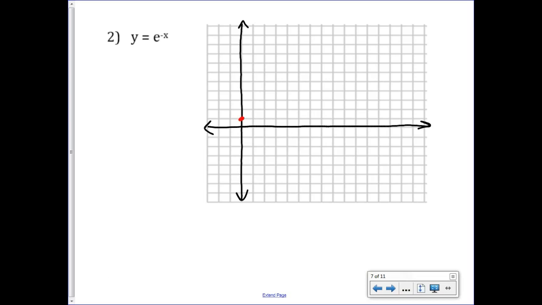So I'm at 0, 1, and then when I plug in e to the negative 1, because I want to plug in 1 for my point, I get about 0.37, so 1, 0.37. So in this case, we have a decay function. So e to the negative x power is a decay.